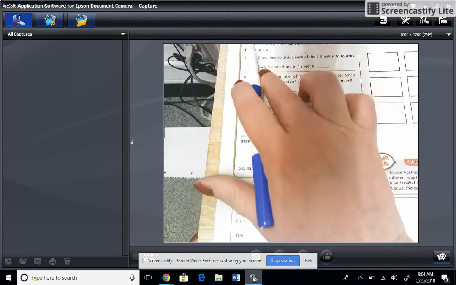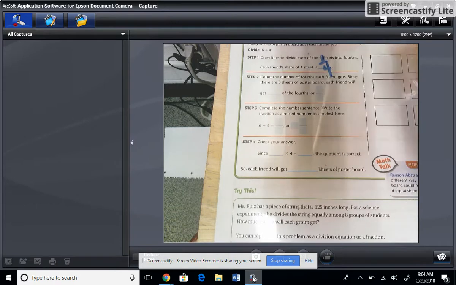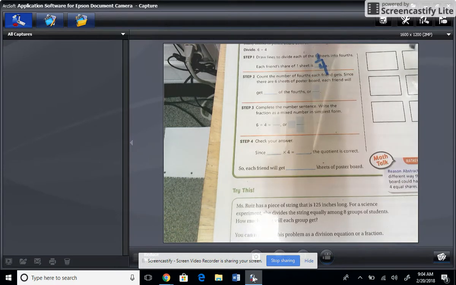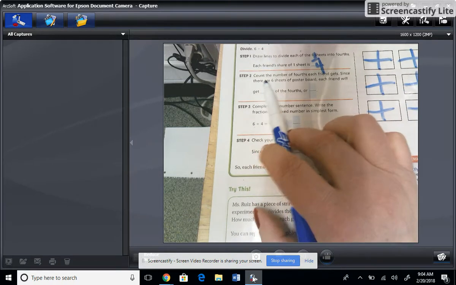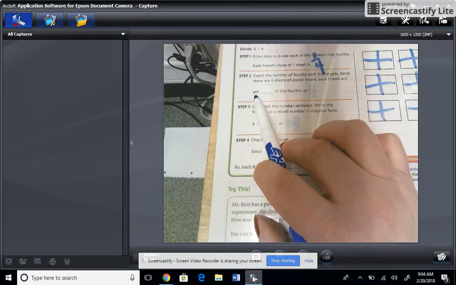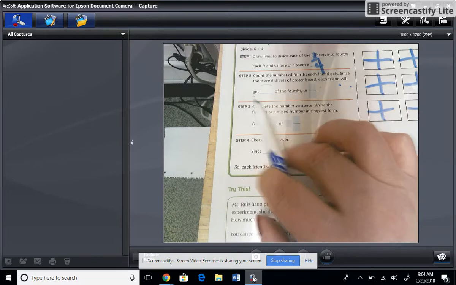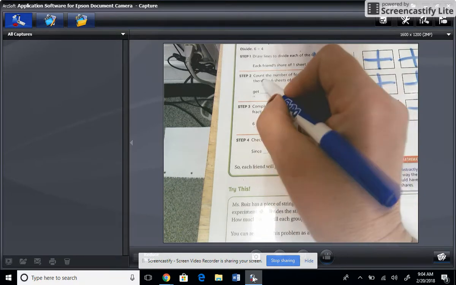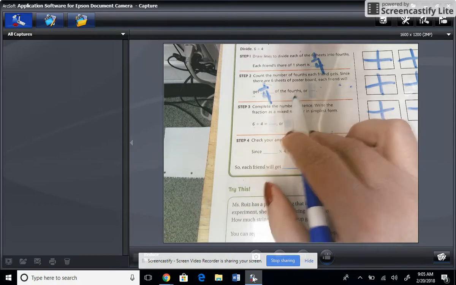So if we cut this into fourths, all right, so we cut each one, so each friend will get how many parts? 1 of a fourth, or 1/4. So I get this one, this one, this one, this one, this one, this one.